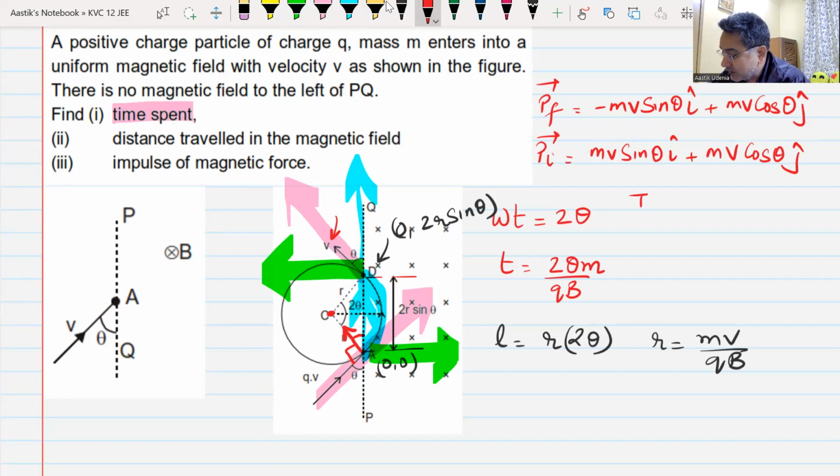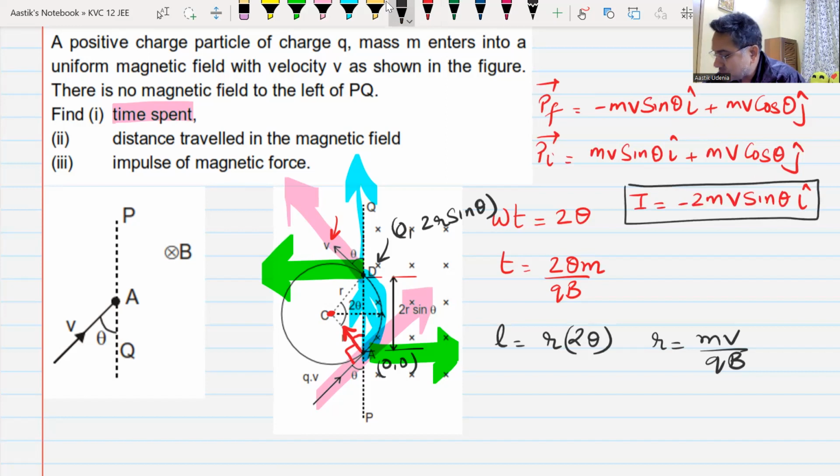And if I have to find the impulse, it will be final momentum minus initial momentum, and that will be minus 2 mv sine theta in the i direction. Everyone understands how I have found it out? Yes, sir. Impulse is the change in momentum, my dear friends. I hope you remember it. That is how I have found the change in momentum.